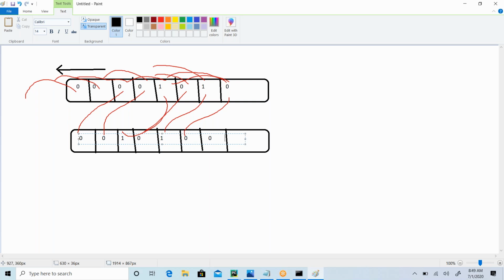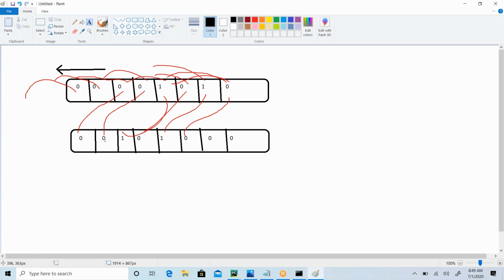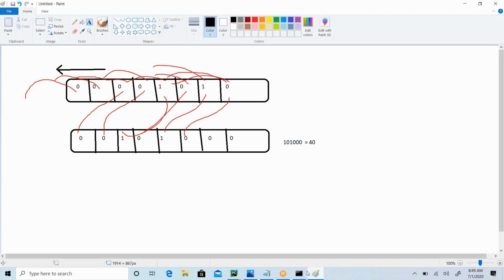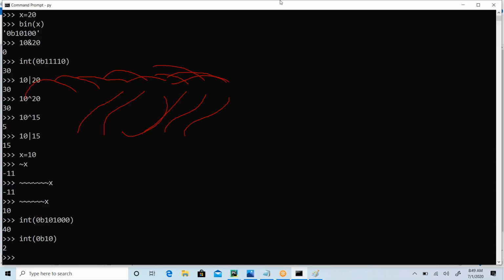So now 0 is placed here and 0 is placed here. Understand? Now what is the value of this? The leftmost zeros don't have any value. So from here, 1 0 1 0 0 0, this is the value. The equivalent decimal value for this is 40. That is the output we have seen here.